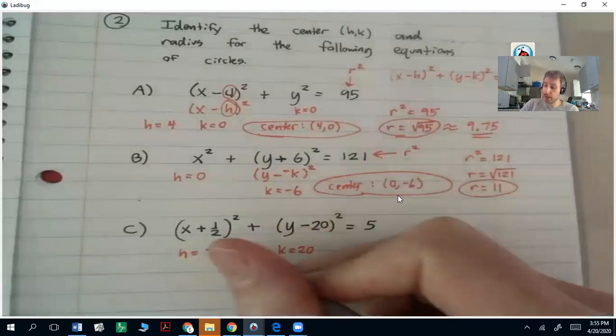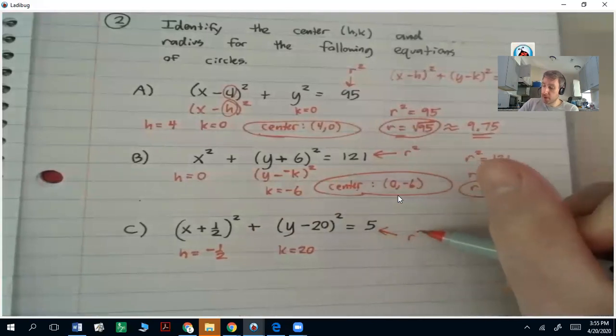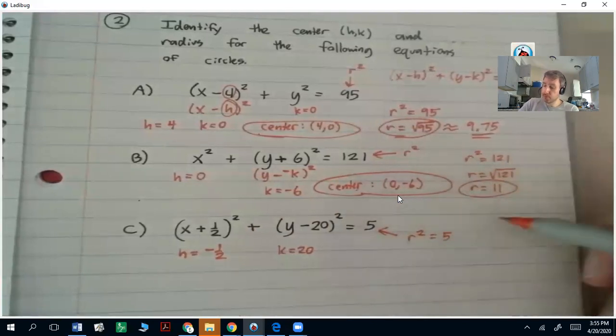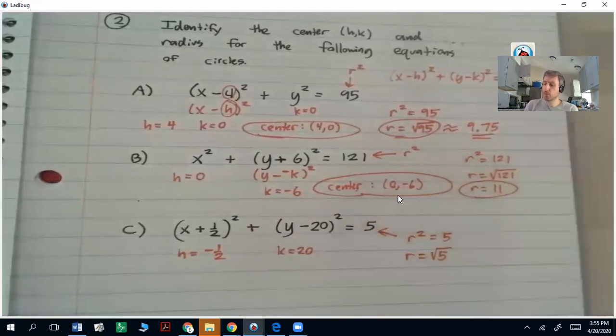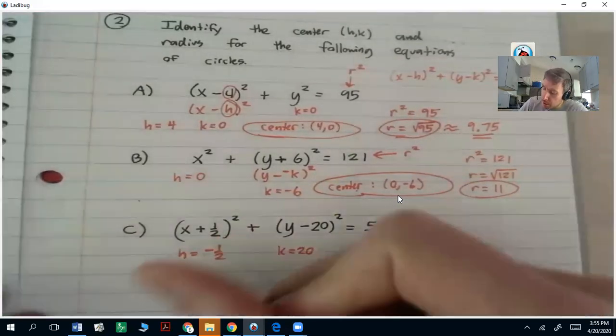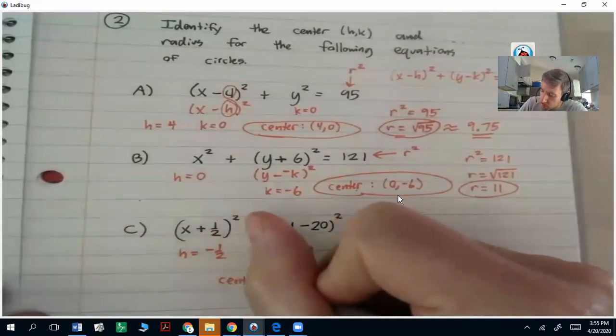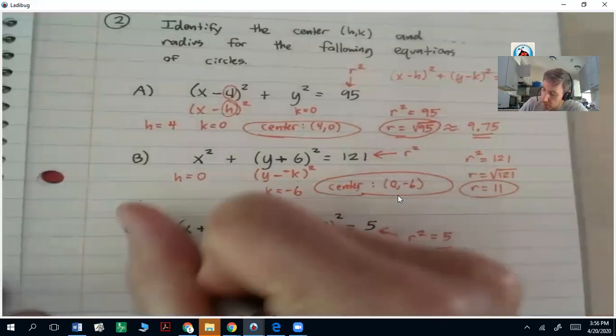So your center would be (-1/2, 20). This number represents the radius squared, so the radius is going to be whatever the square root of 5 is. We can approximate that or leave that as a square root, but your center will be (-1/2, 20). Remember, that's a coordinate.